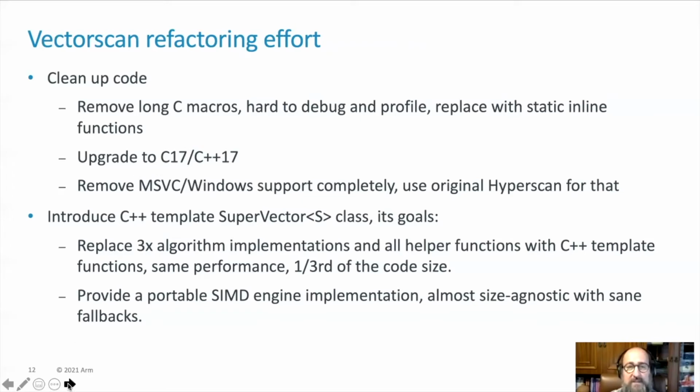That also enabled us to provide a portable SIMD engine implementation, almost size agnostic, with sane fallbacks. This means that we could use a larger vector size, which would fall back in the end to what our platform supports.